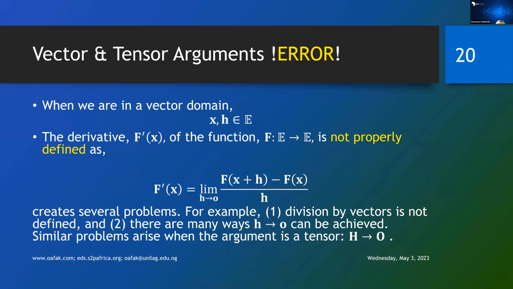But a vector can approach 0 in several ways. Similar arguments arise when the argument is a tensor. It's even worse. So this expression is a complete error, because you are dividing by a vector, and vector division is not possible.